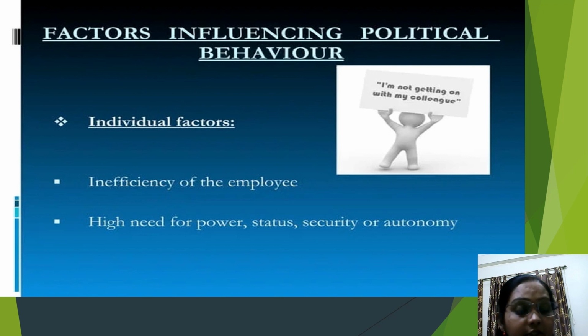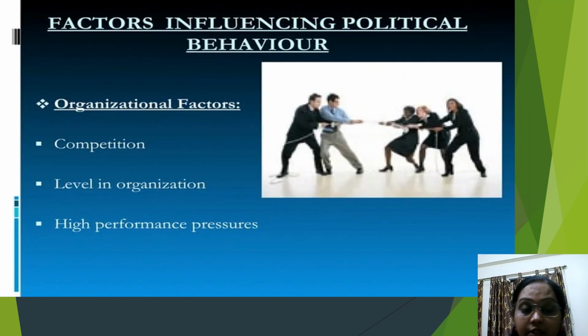Inside an organization, every person is conscious about the working environment and all the situations related with their employment. If a person has a higher need for power, status, security, and autonomy, these may be individual factors influencing political behavior in the organization.